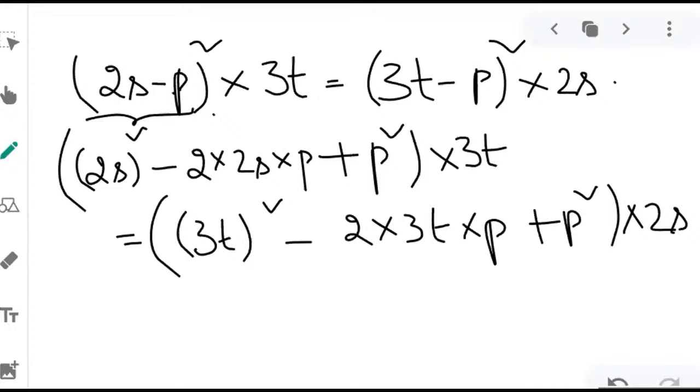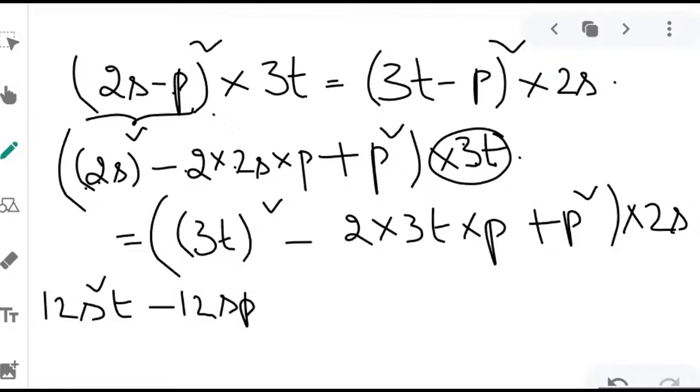We'll expand this, multiplying with each and every term inside. 2s whole square is 4s square into 3t, that is 12s square t, minus 2 into 2 is 4, 4sp into 3t, that is 12spt, plus p square into 3t is 3tp square.